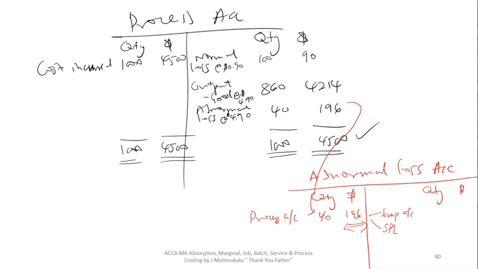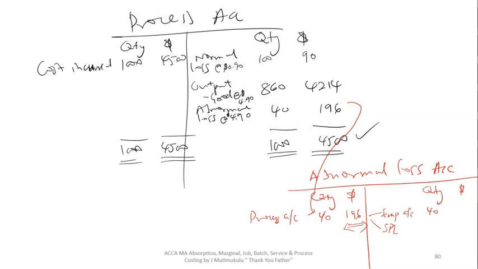So our scrap account is going to be affected by the same quantities. We're talking of the 40 units. The statement of profit or loss is not part of the abnormal loss account, but it is where the losses are going to be transferred to.